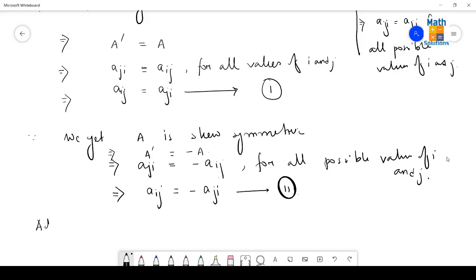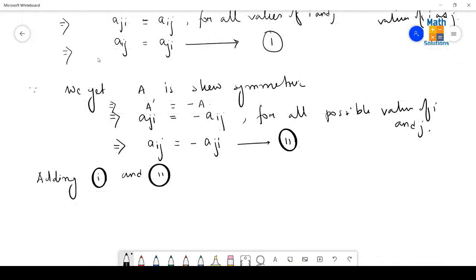Now adding equation 1 and equation 2, we get the result. From equation 1, it is clear that AIJ is equal to AJI. So keeping the right hand sides together, we get AIJ plus AIJ on one side, which is equal to AJI plus minus AJI.